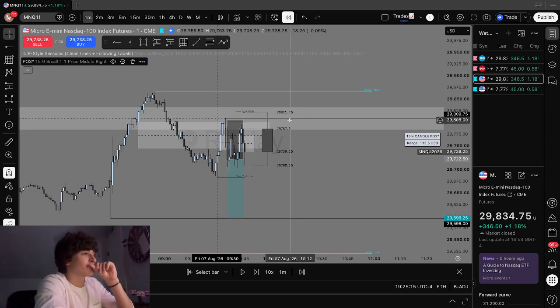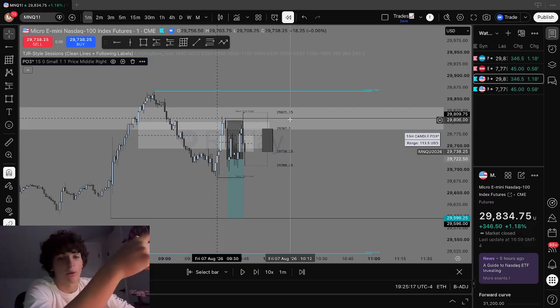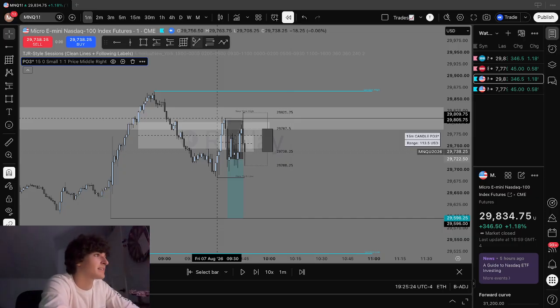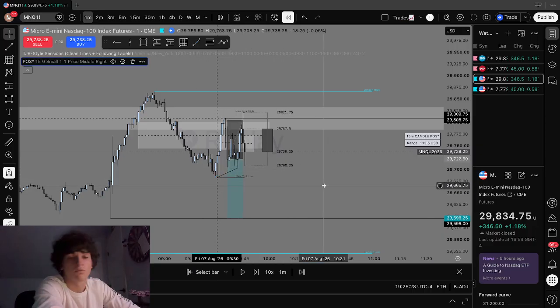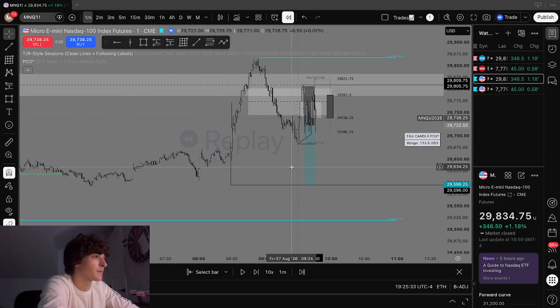We mitigated a 4 hour, and then within that 4 hour we mitigated a 15-minute, and we showed displacement out of it. And at this point in time I saw this trendline liquidity form, so I was like, let me target data lows now.